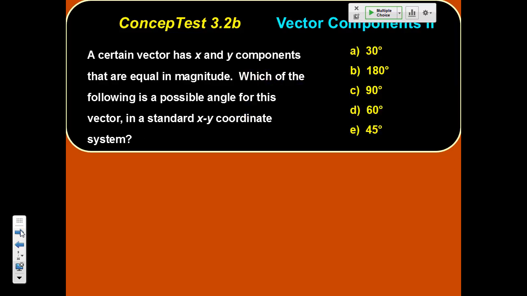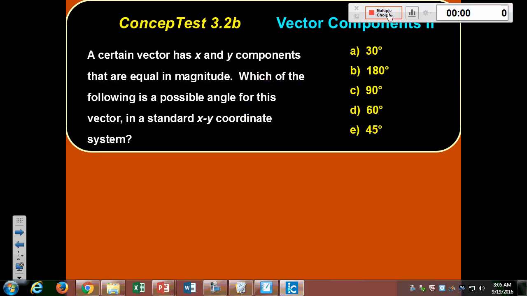Okay, does not change. A certain vector has x and y components that are equal in magnitude. Which of the following is a possible angle for this vector? If the x and y components are equal in magnitude, which of these is a possible angle for that vector?